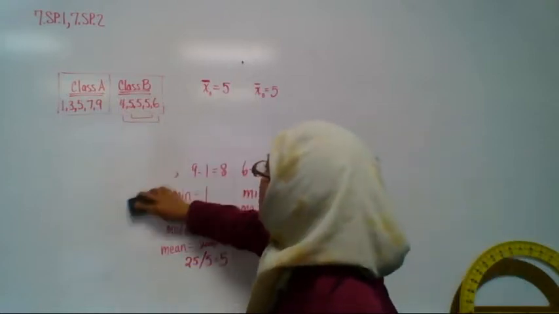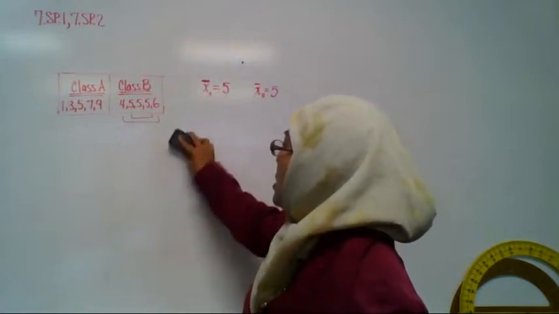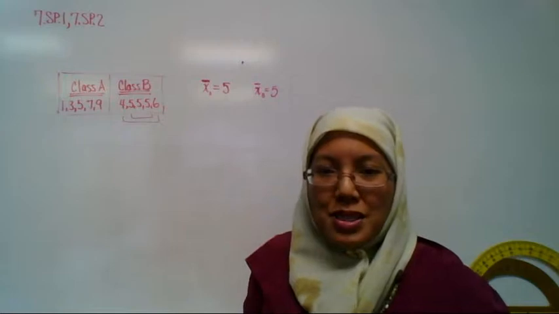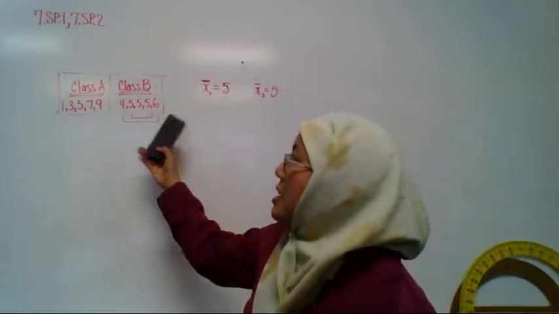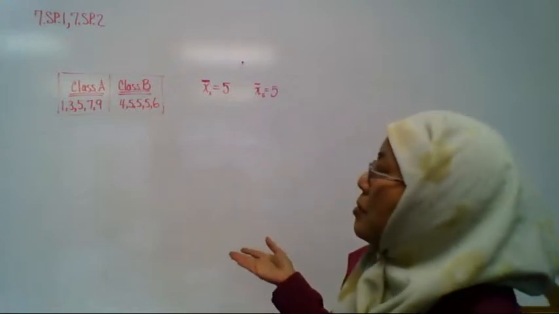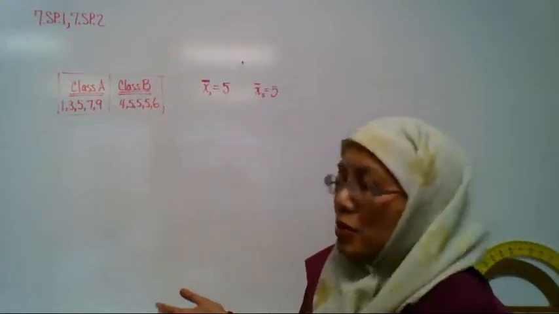So if you wanted to talk about the data or the classes, you would probably not use mean because they're the same, and obviously the class data is really not the same. So it's kind of amazing how they can both have the same mean, and yet that doesn't really represent what's going on.